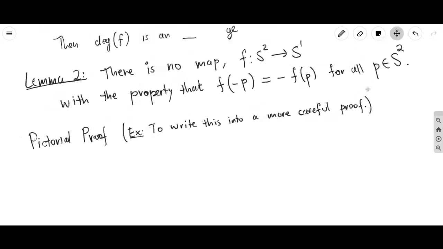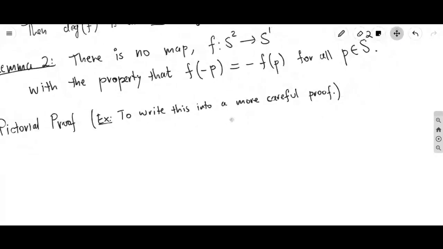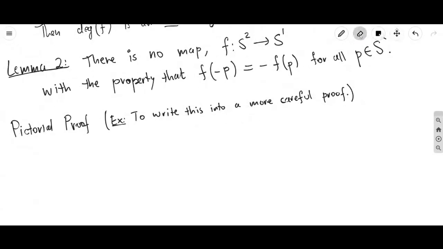But as you will see, the picture is pretty convincing. So let's say what the f is doing. The f, our function, is taking the two-dimensional sphere and mapping it to the one-dimensional circle.